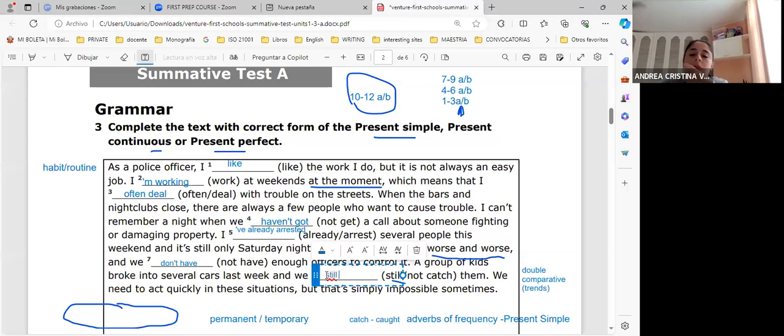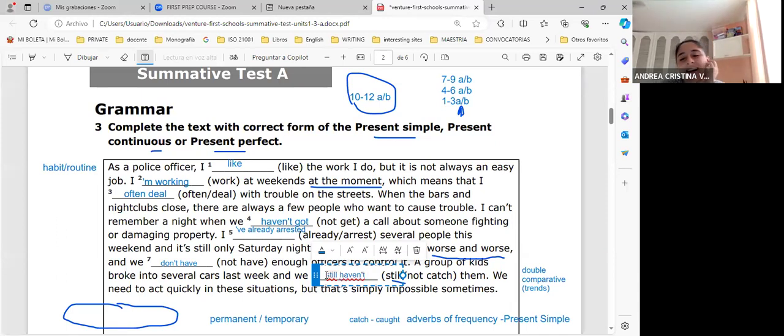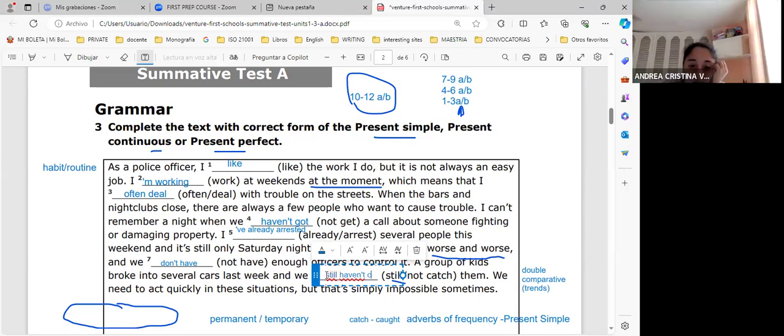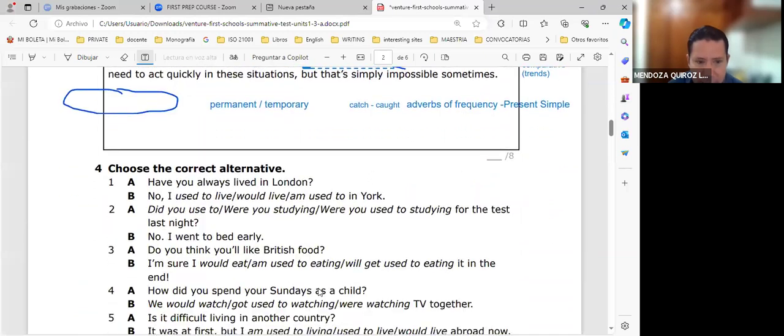Haven't. And then, caught. And we still haven't caught them. Nice.